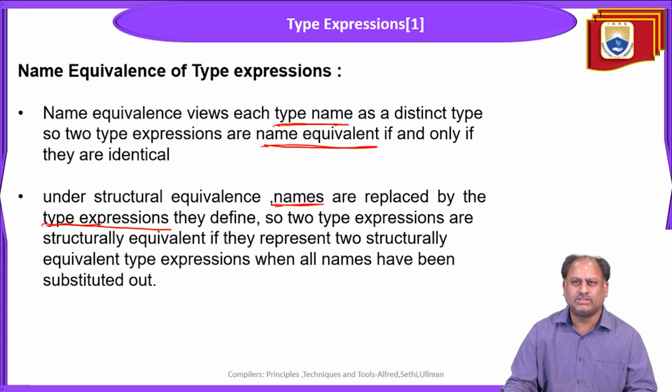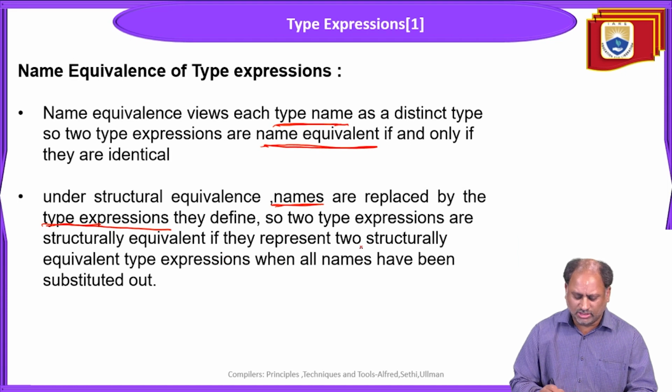When the type expressions are replaced with the names, then we can say that it is a name equivalence. Previously we compared type expressions of two types. Here also the name or name type can be verified, but the type is a name, which is equivalent to one of the type expressions.